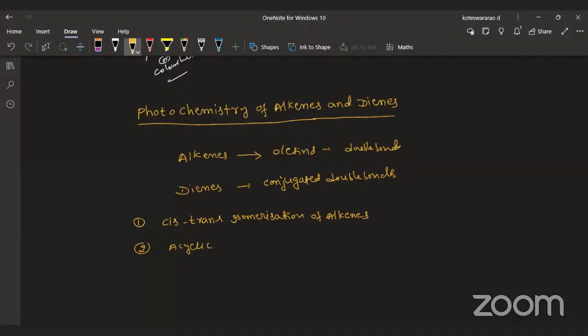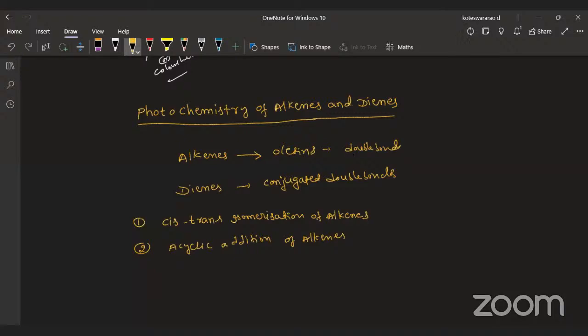In the previous case, we saw cyclic additions. After addition, the cyclic products are dissociated and two different products are generated. But here, with acyclic addition, there is no cyclic product formation after the addition reaction. Such reactions are known as acyclic additions of alkenes.